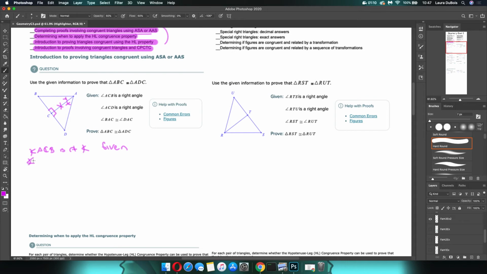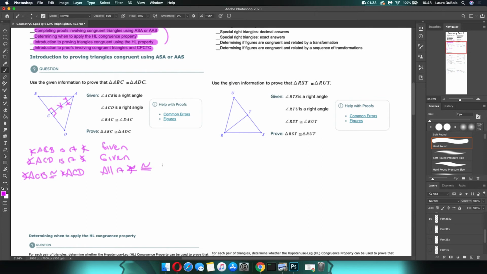Angle ACD is a right angle because that's given. And next we're ready. Angle ACB is congruent to angle ACD, and that's because all right angles are congruent.